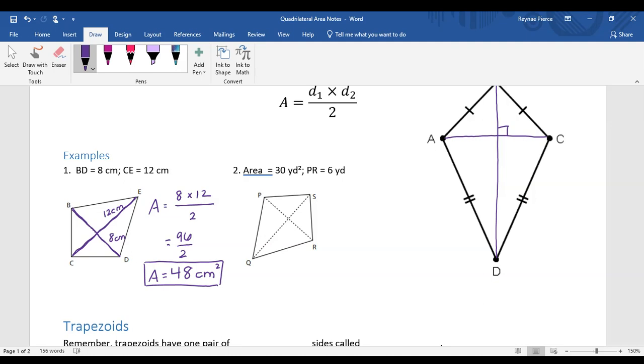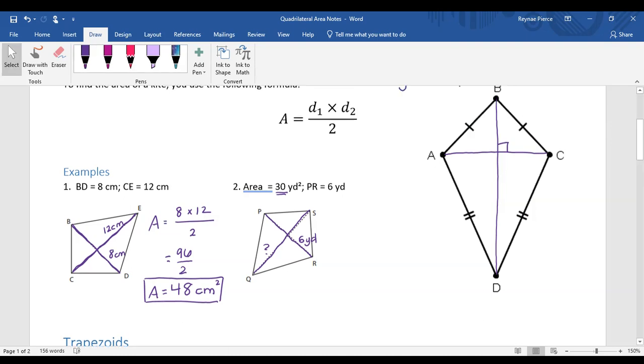Okay, example 2, we start with the area. We know the area, it's given to us, and we know that PR is 6 yards, and we want to know how long the second diagonal is. So I'm just going to substitute these values into this equation. I know my area is 30. One diagonal is 6.